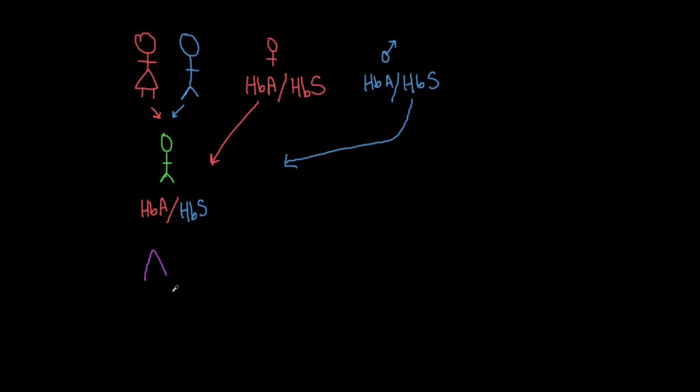So if you operate under that assumption, you might think that maybe this is the dominant allele and this is the recessive allele, so this green individual would appear perfectly normal, much like an individual who looked like this would appear perfectly normal in terms of their hemoglobin. But that's actually not the case. That's not what's happening here.